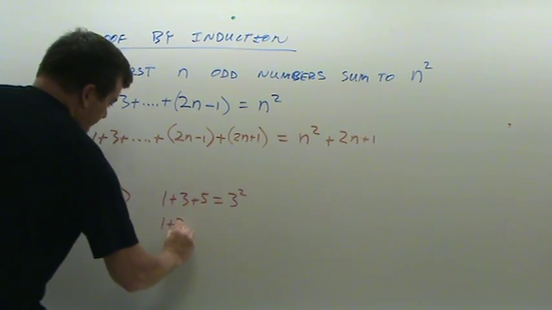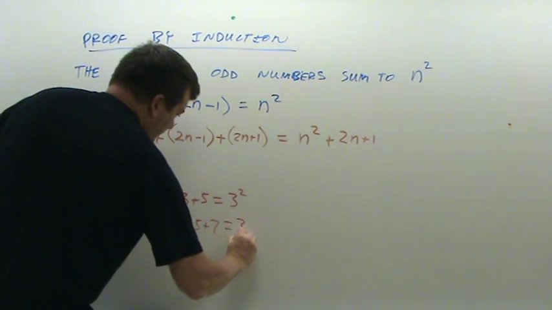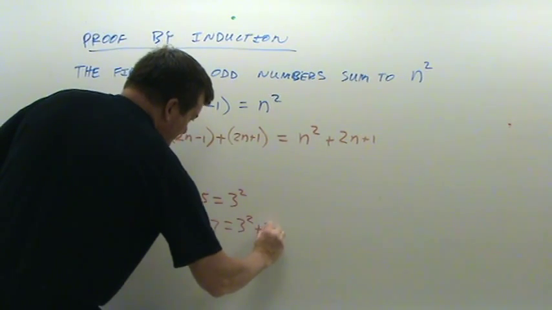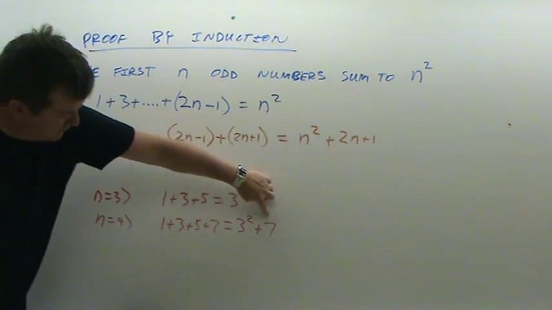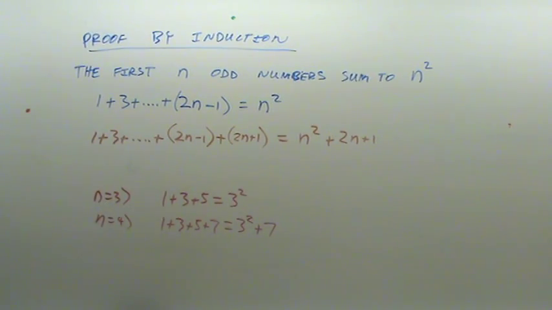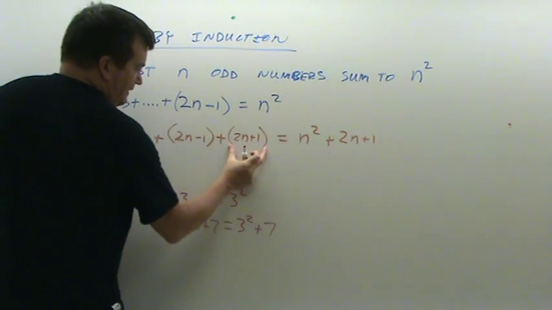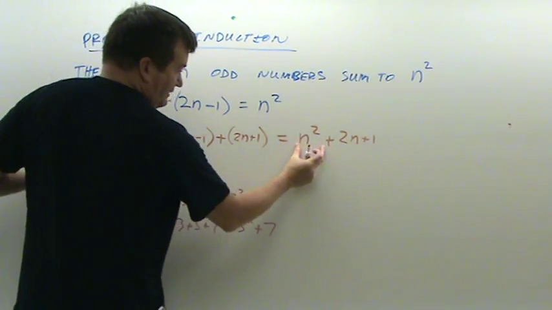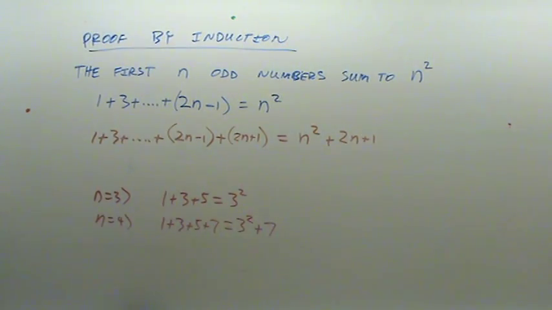Then it'll be 1 plus 3 plus 5 plus 7 equals 3 squared plus 7. That's all we're doing. We're just saying let's add the very next number to both sides and see if it's still true. So I took all the numbers up to n minus 1, added the next number here, and then took the previous answer and added 2n plus 1 here.